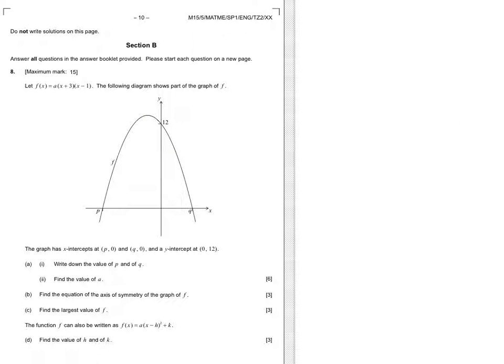Part D, the function can also be written as f of x is equal to a times x minus h squared plus k. Find the value of h and the value of k. You'll notice they've used the letter a again. You might not have this level of rigor when you're answering the questions, although you should.